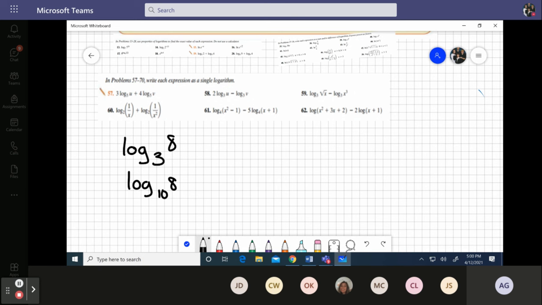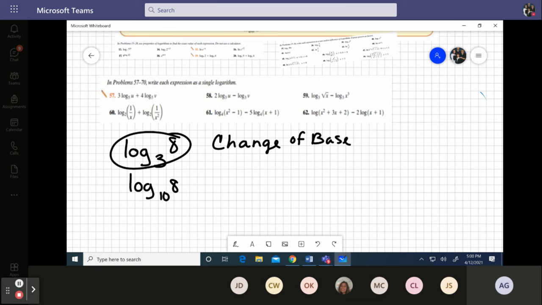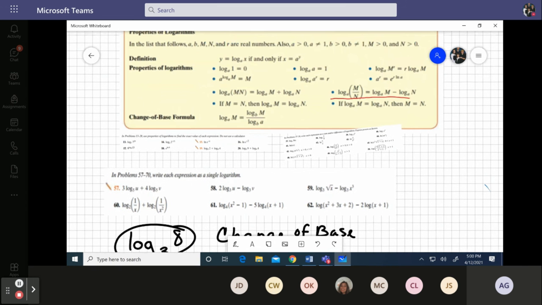It's not going to tell you log base 3. There's no place to put that 3 in. So if you're going to solve this, you're going to have to use your change of base. And that is right here.